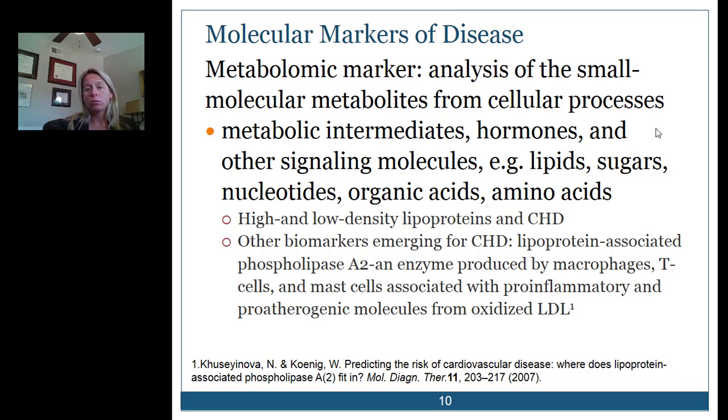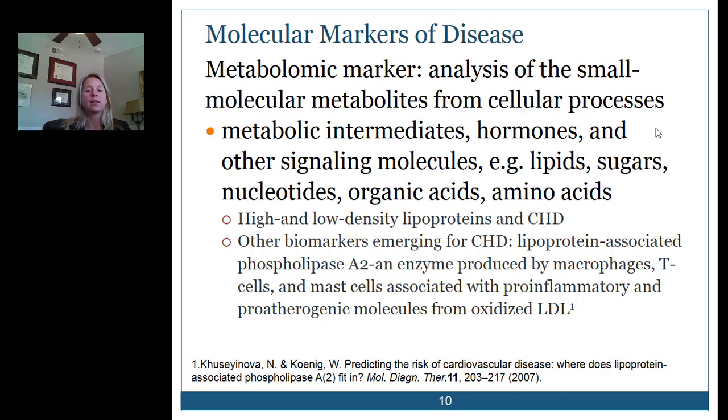You can have a hormone, that's a metabolic marker. You can have a marker that's basically some sort of molecule that's part of the signaling process of the metabolic process. So lots of examples here. When we think of metabolic markers, we can talk about lipids, sugars, amino acids, etc.